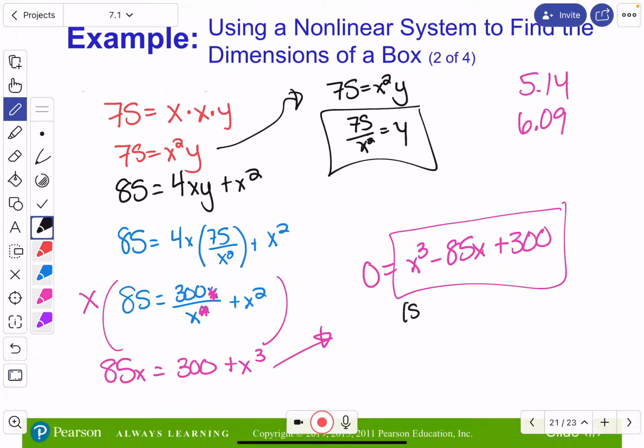So if I did 5.14 to the third minus 85 times 5.14 plus 300, I get one of our y values as negative 1.1. And if I do the same thing with 6.09, I get 8.2.